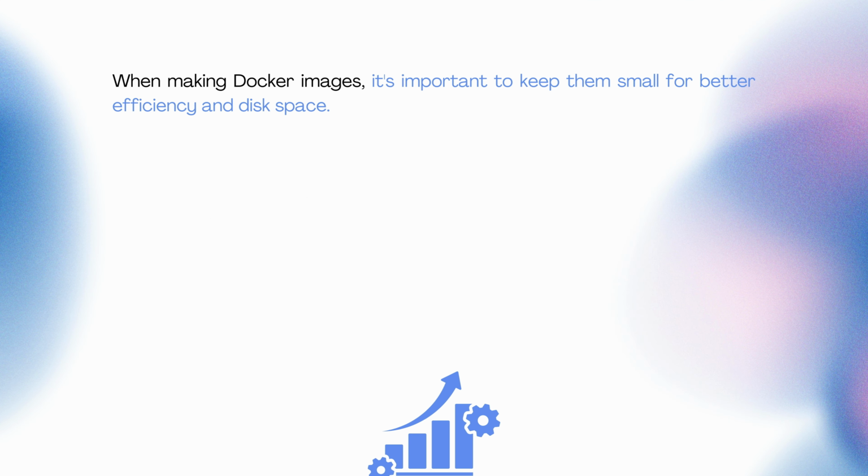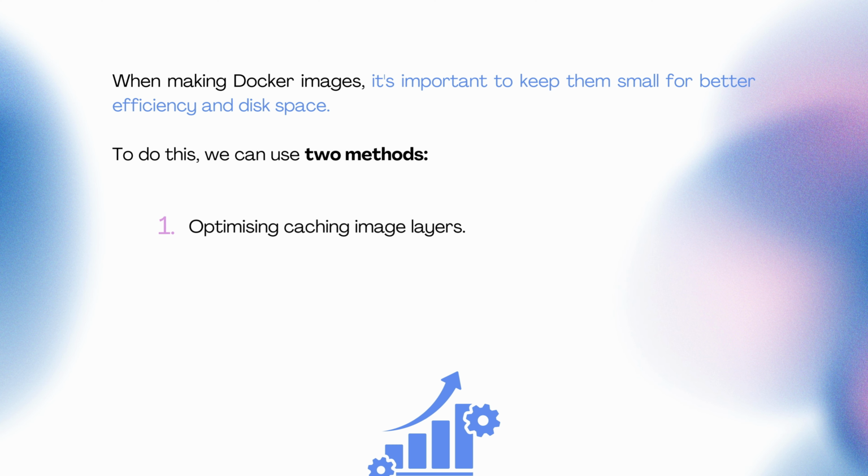When making Docker images, it is important to keep the size small for better efficiency and, of course, disk space. To do so, we can use two methods in this case. The first one is optimizing caching image layers and using a .dockerignore file to leave out the unnecessary files.